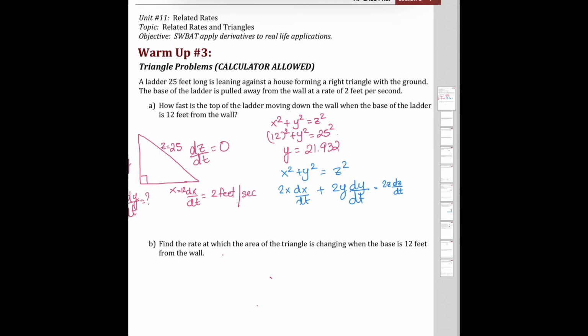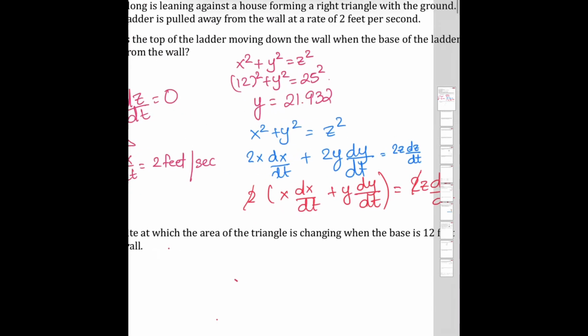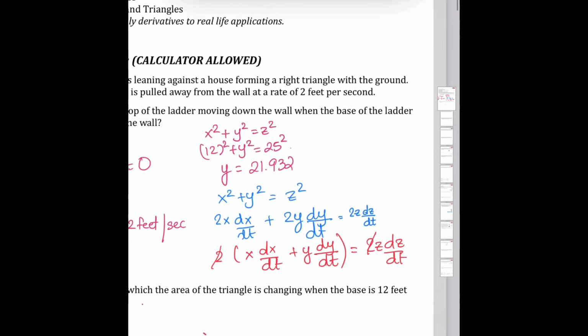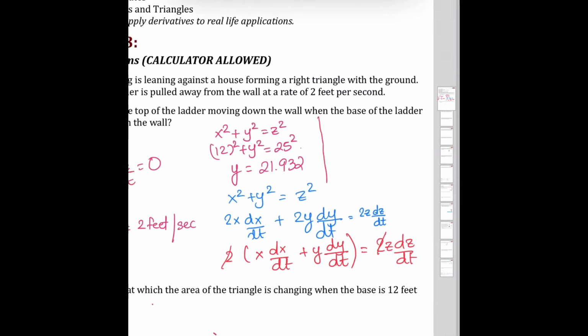So I'm going to actually show it to you so that we're careful. So I factor out 2, I'm left with x dx dt plus y times dy dt equals z dz dt. I'm going to divide by 2 so that the 2's cancel out. So basically your 2's canceled out. You didn't have to do that extra step as long as you understood it.